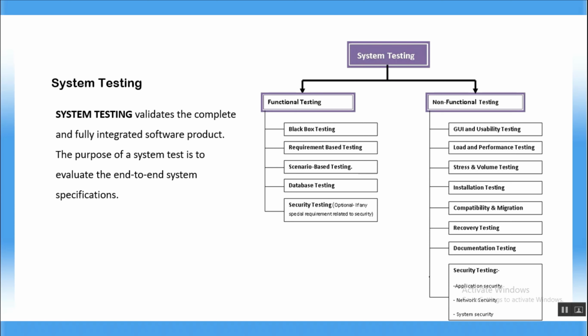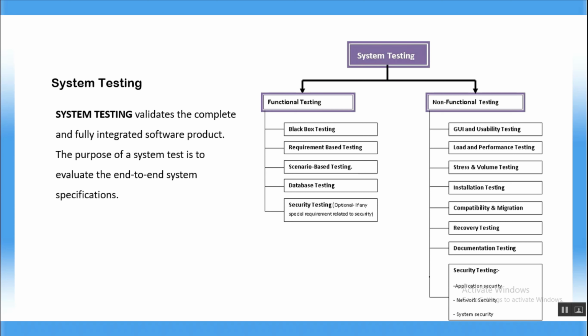Let me explain the first one, that is standalone. In this environment, there is only one tier, and all three layers, presentation layer, business layer, and database layer, will be present in that tier only.